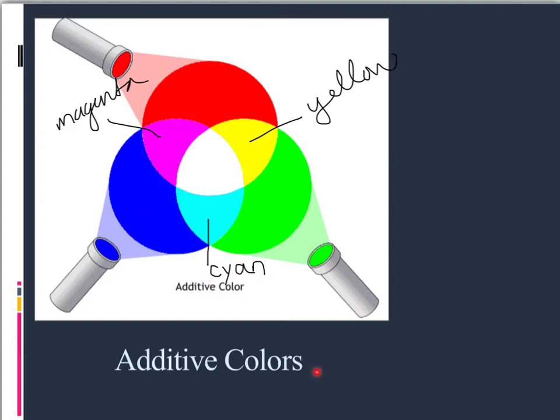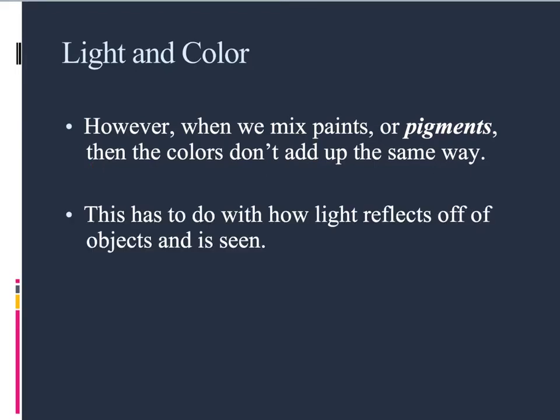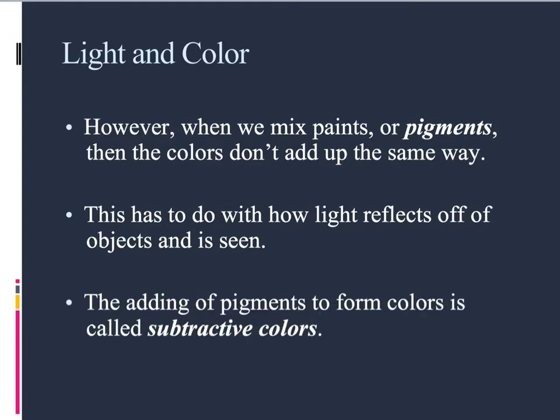Now that we've talked about additive colors, the next topic is pigments. When we mix paints, when we have a color that's not light, we call that a pigment. The colors don't add up the same way. This has to do with the way that light reflects off of objects that is seen.